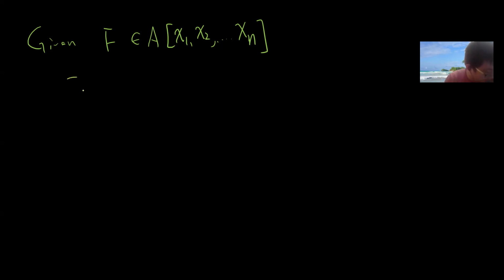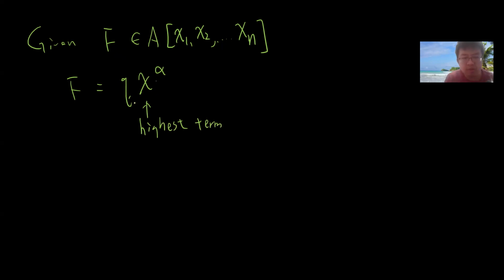So let's say the leading term is q x^alpha, where q is some coefficient which belongs to A, with the rest. So how can I write this x^alpha in terms of symmetric polynomials?